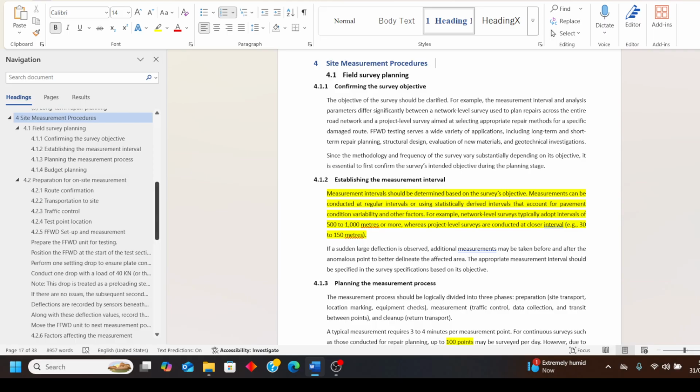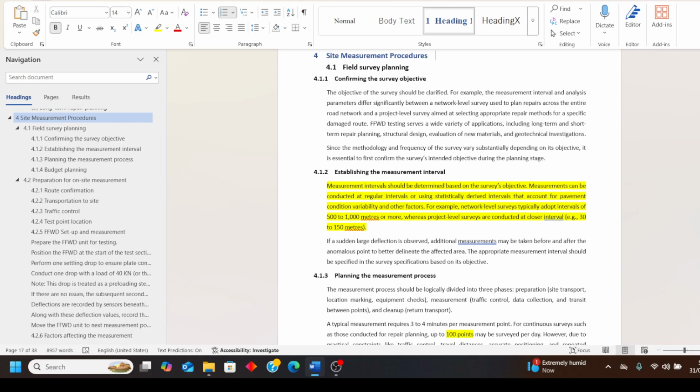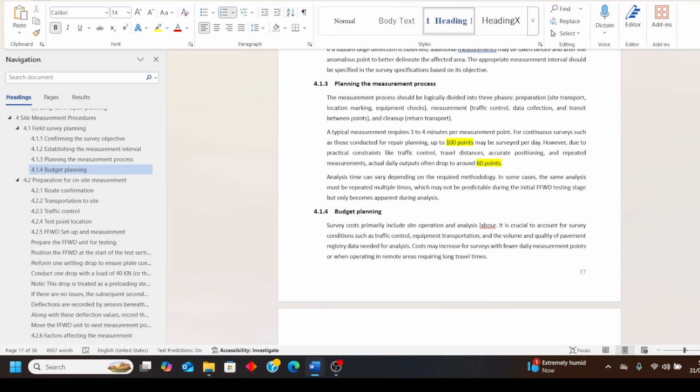As I mentioned before, for the network level, it is 500 to 1000 meters, and for the project level, it is 30 to 150 meters. And then we have another step, that is planning the measurement process, which indicates the division of the work into preparation, like transportation and marking, and measurements, which include drops, traffic control, and cleanup. And then the typical output for a day, which is stated in this manual, is 60 points per day.